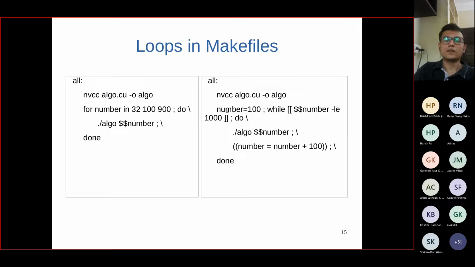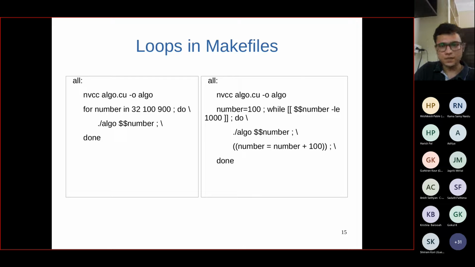So algo.cu is run with multiple inputs which are provided at runtime, using the command line. And what are those multiple inputs? Those are from 100 to 1000: 100, 200, 300, and so on till 1000. So this is one of the ways in which you can use loops inside the makefile.